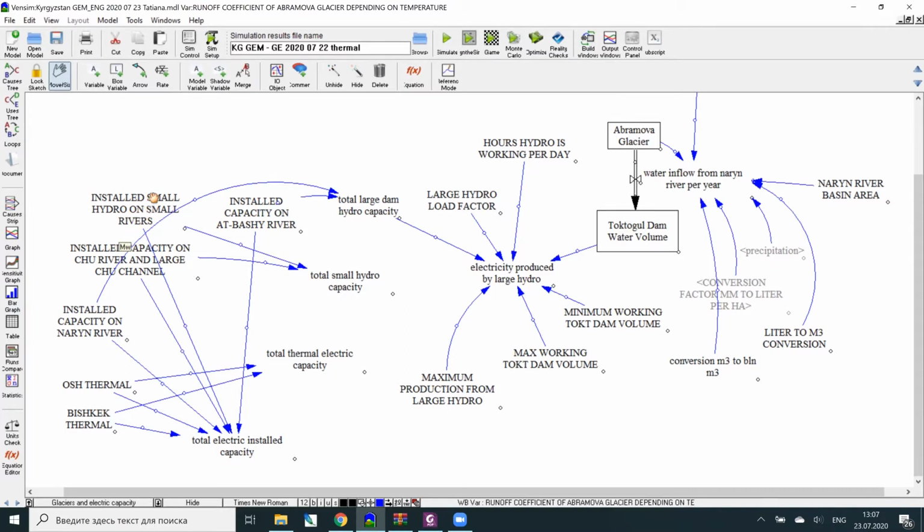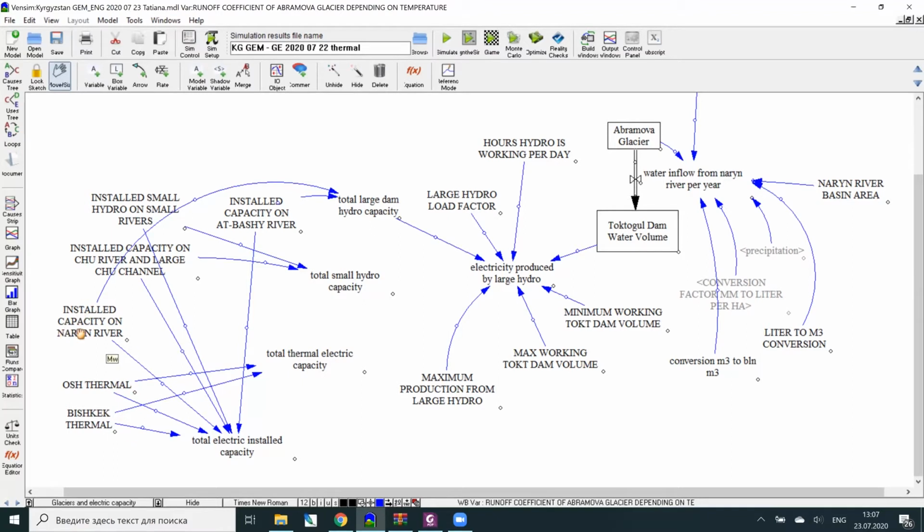I was not focusing on them so far. On Chui River, we have about 38 megawatts, and here we have the largest installed capacity. It's like over 2,000 megawatts, well, 2 gigawatts, something even more. And these are thermal stations that we have in 2 cities, Bishkek and Osh. They also do electricity generation, but we'll talk about them a bit later.